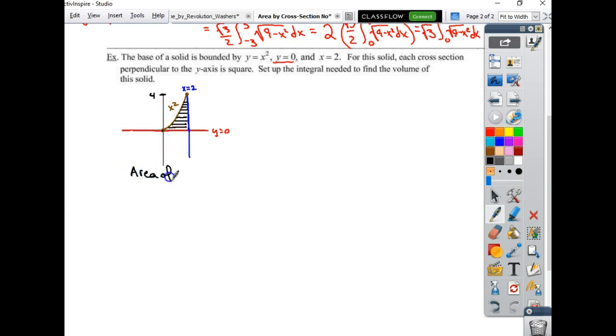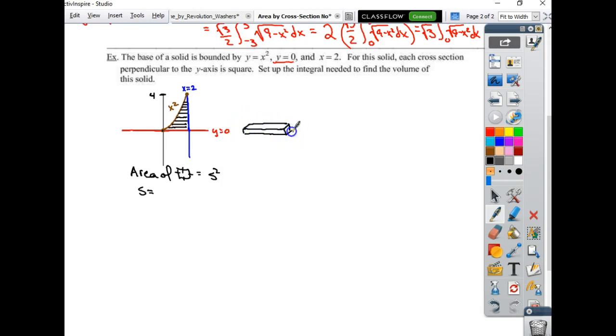Area of a square. Area of a square is simply the side length squared, so we need to figure out what on earth is a side length. So in this problem, we take a look, we work on this a little bit, we start kind of mapping this out. We realize really quick that because this is going to be a dy problem, if we imagine these squares that we're pulling out, they're going to be laid sideways, just kind of like the same problems we had with the discs.